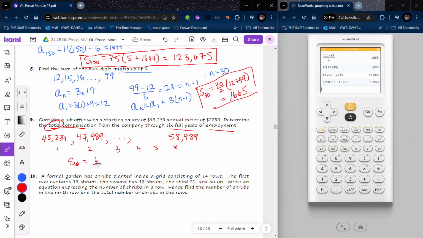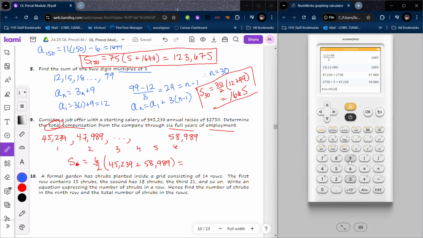So if I want my total compensation, that means I want the sum for the entirety of those 6 years. It's going to be 6 over 2 times my first year's salary, $45,239, plus my last year's salary, $58,989. If I use my calculator, $58,989 plus $45,239. All right, take that number and multiply it by 3.